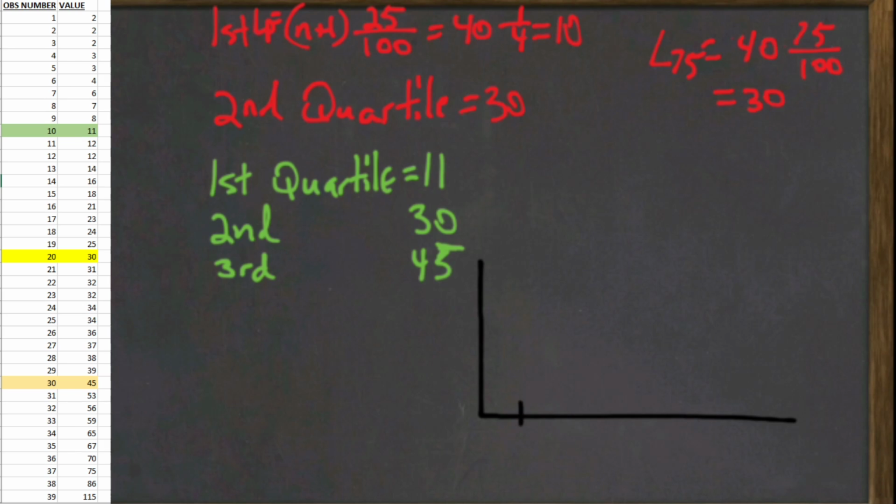So we'll do something like 5, 10, 15, 25, 30, 35, 40, 45, and I regret my decision, I'm running out of space.